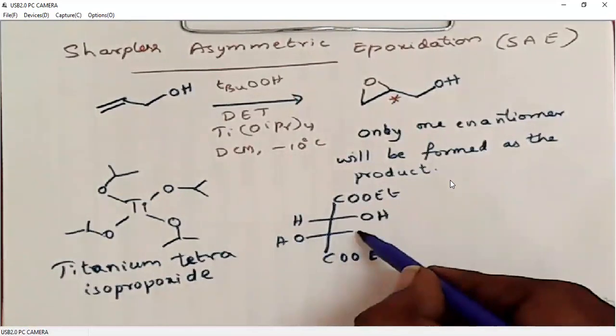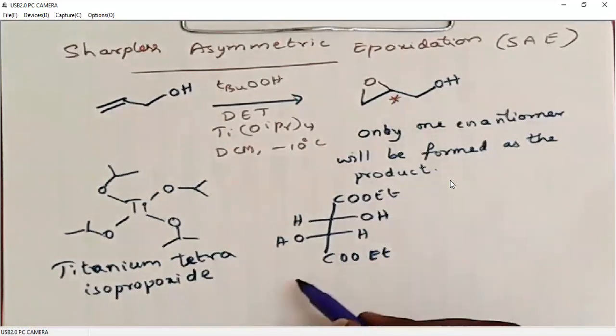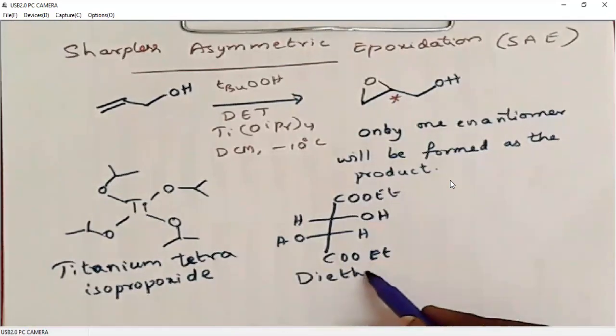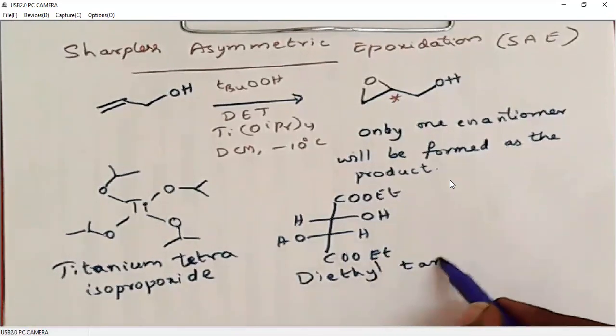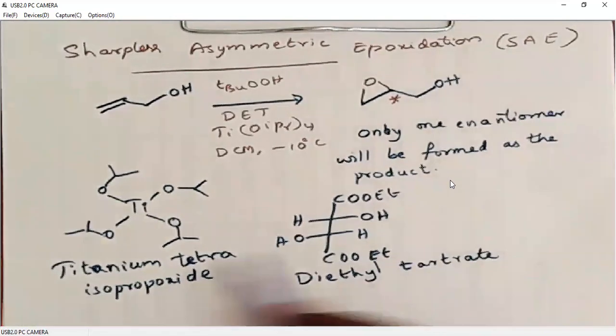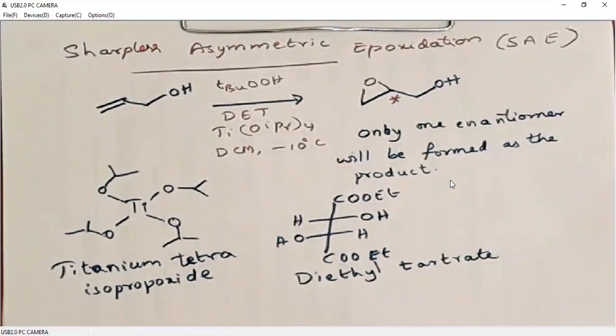If they are esters, diethyl tartrate. So these two will form a complex and they will provide the asymmetric environment here. Here we will have plus DET and minus DET. So they will complex with the titanium. So that gives a chiral environment.